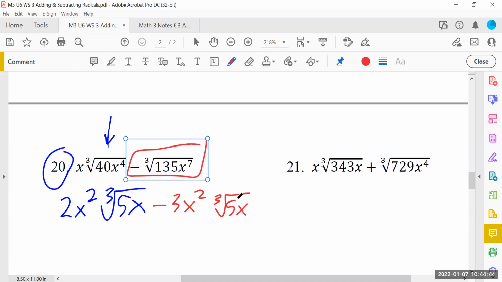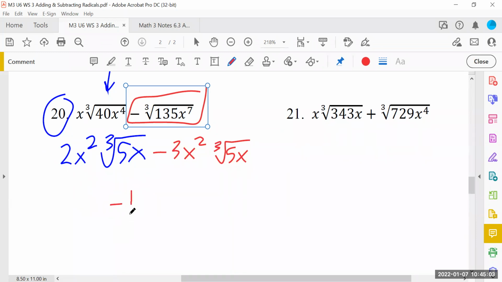Does everybody agree? We were able to take out a set of 3s, take out 2 sets of x's for that one. But that means that the x's match. I have x squared, cube root, 5x for both of them. 2 minus 3. What is my final answer? Davian, what's the final answer there? Yep, negative 1x squared, cube root of 5x.